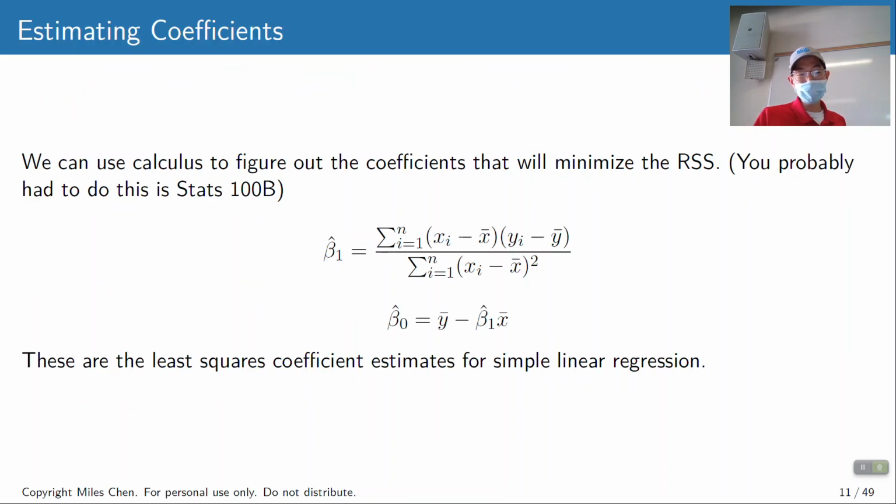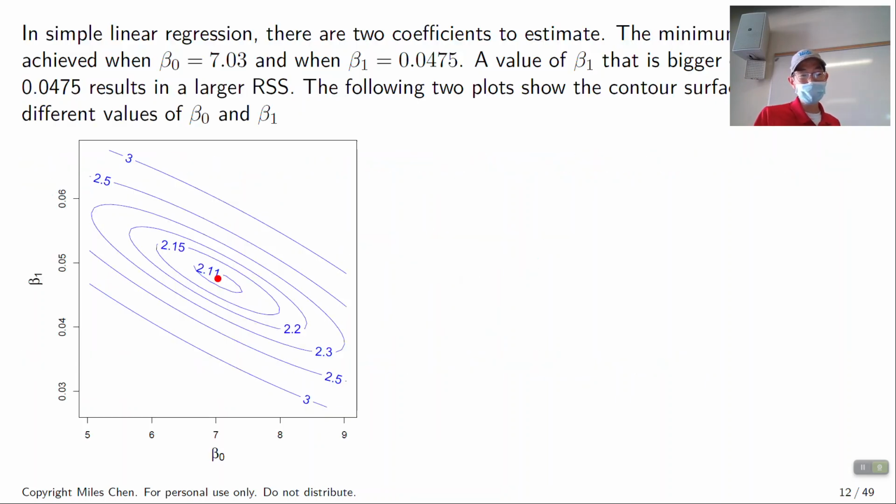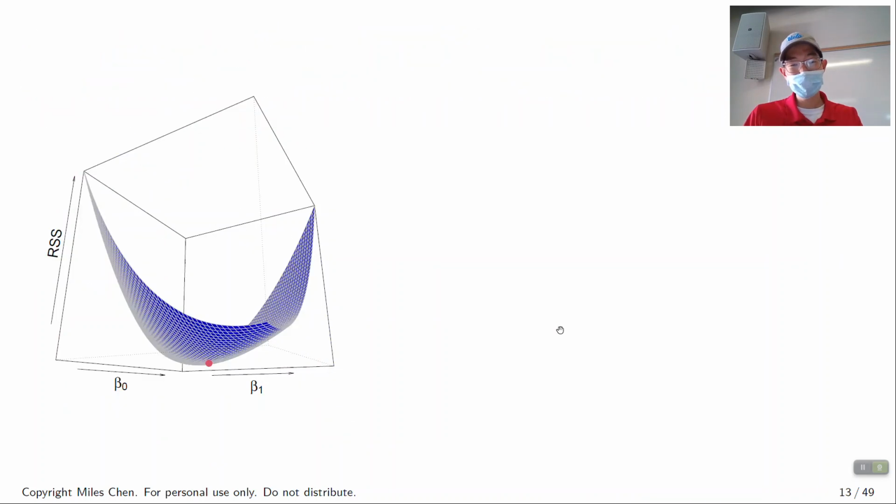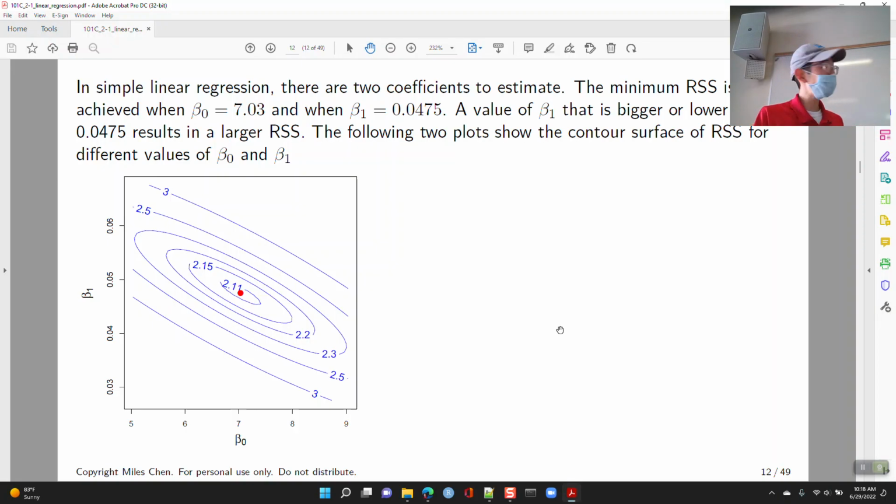This diagram shows a contour plot of the RSS for different values of beta 0 and beta 1. The value that minimizes the RSS is when beta 0 is equal to 7.03 and the slope, beta 1, is equal to 0.0475.